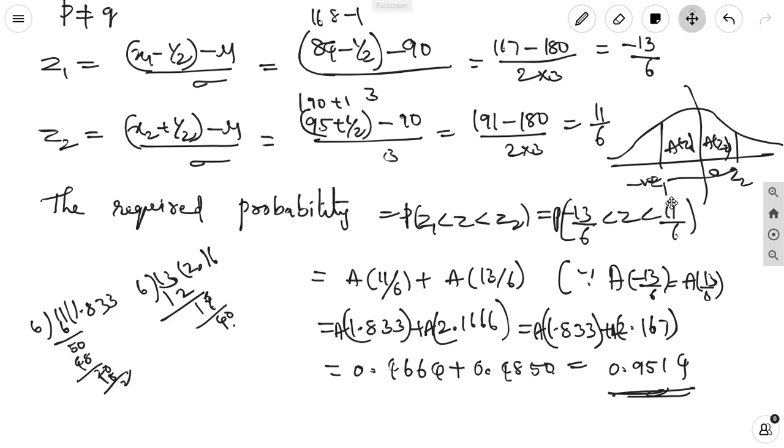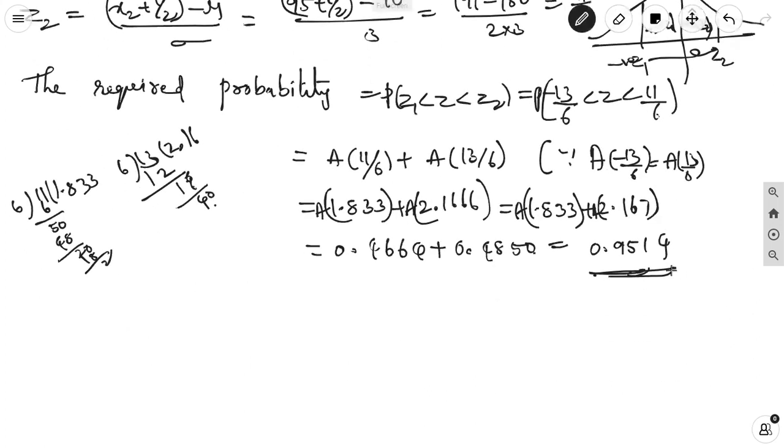So in between Z1 and Z2, that is nothing but the probability between 84 to 95 inclusive, is equal to 0.9514.